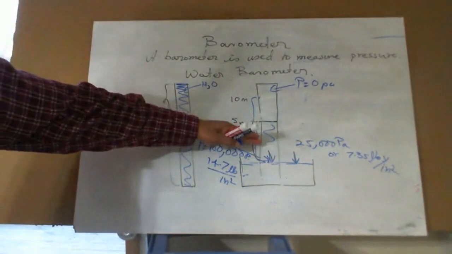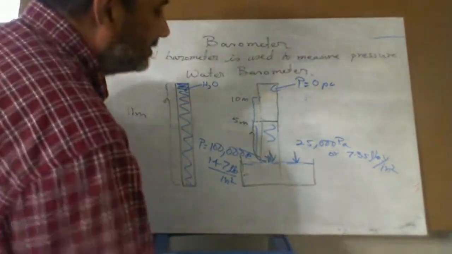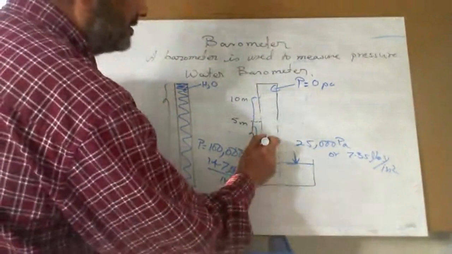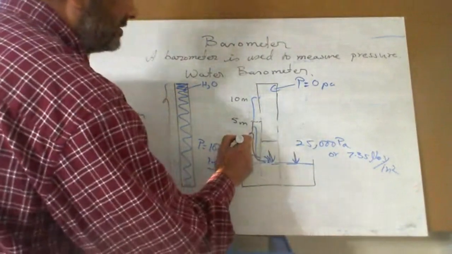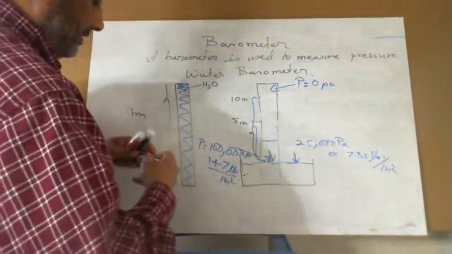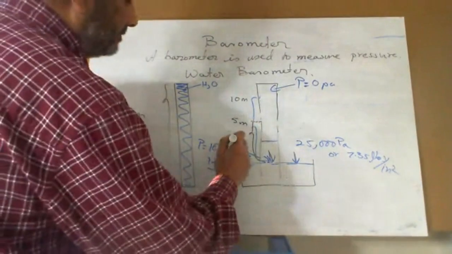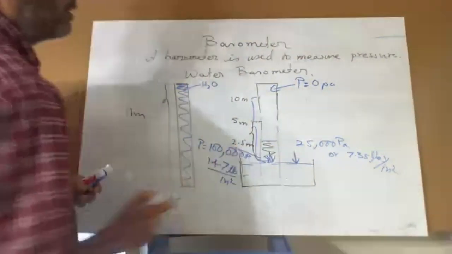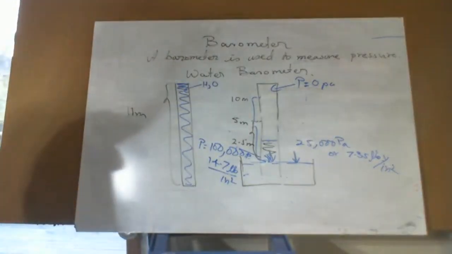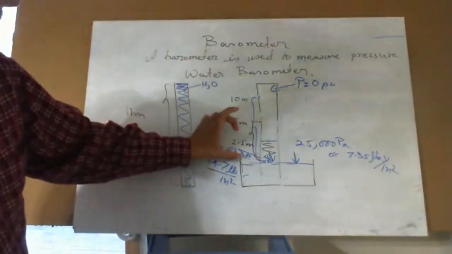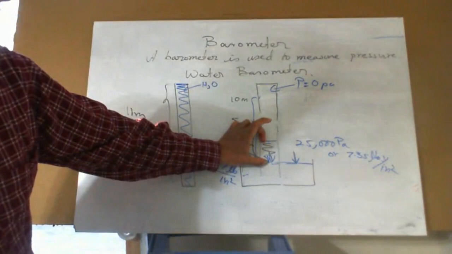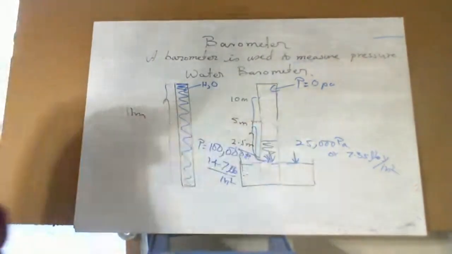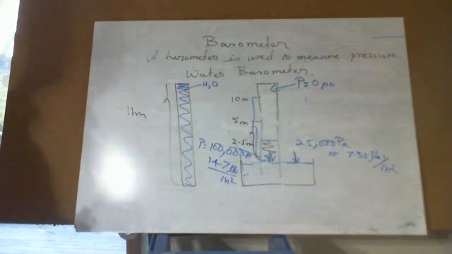The water will drop to what height? 2.5 meters, right? So the height of the water column will be 2.5 meters, because now 2.5 meters will give you what? 25,000 pascals of pressure. And the outside pressure is 25,000 pascals.